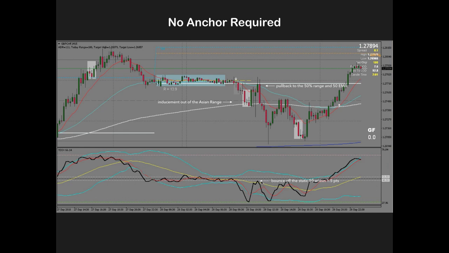So this Asian range bounce trade also uses this 1.5 rule. Watch the bounce off the static 50 within 1.5 points. You can see it just touches that area and then bounces and rolls down. This shift candle is when that happens. But if you enter there, you have the 200 EMA in your way.